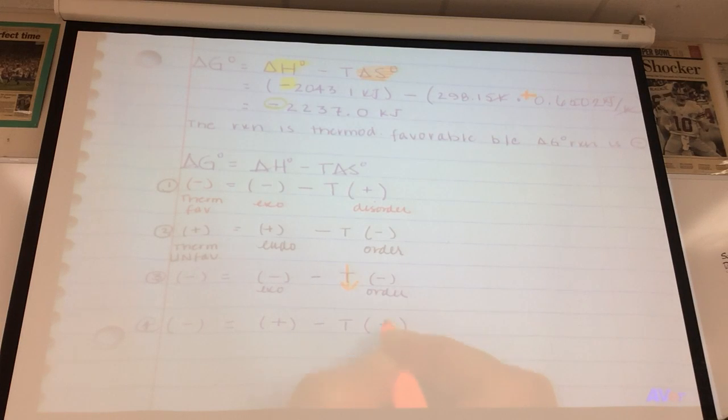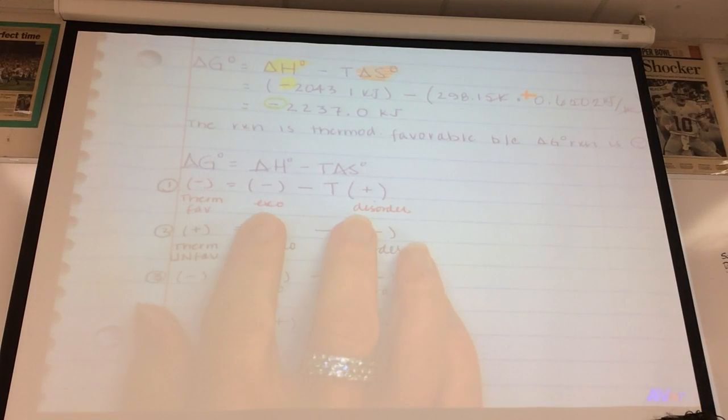So the entropy term will predominate at high temperature. That can be a little bit tricky. An exothermic reaction that favors disorder is the perfect vehicle for thermodynamic favorability. The opposites will never generate thermodynamic favorability.